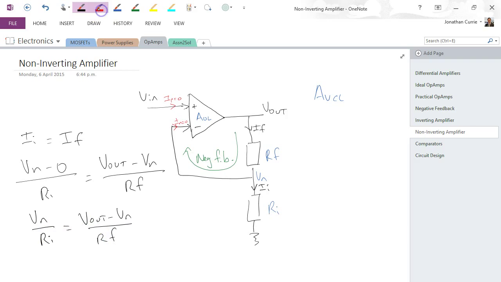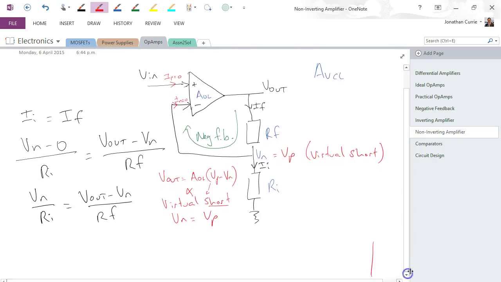Now, from the original expression for our differential amplifier, which was Vout is equal to the open loop gain times the difference in voltage between the inputs, and the virtual short, which comes from this expression, we know that Vn is equal to Vp when we take that virtual short approximation.